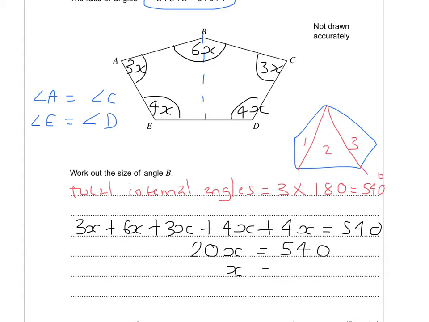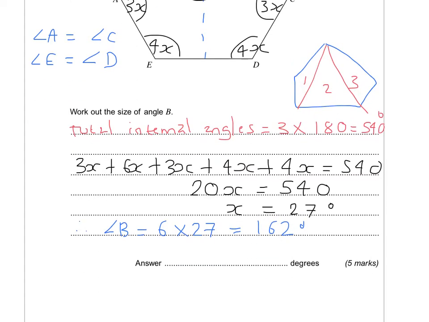So dividing by 20 gives us x equals 27 degrees. Therefore, angle B is equal to 6x, which is 6 multiplied by 27, which comes to a value of 162 degrees.